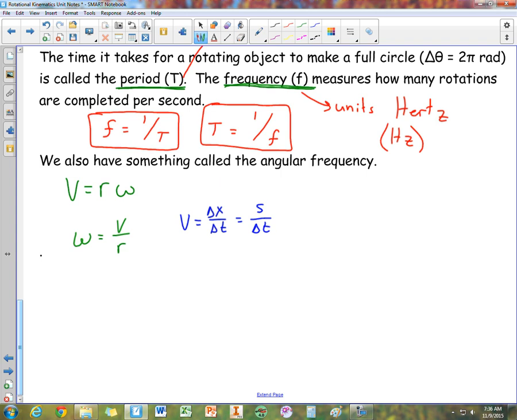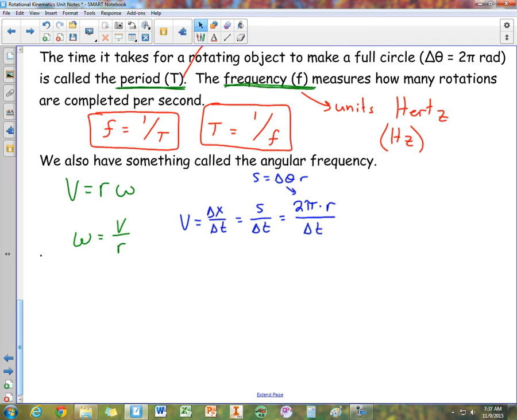And the arc length is going to be 2 pi radians times the radius over delta t. So remember, s is delta theta times r. So our delta theta is 2 pi since we're making one full rotation.